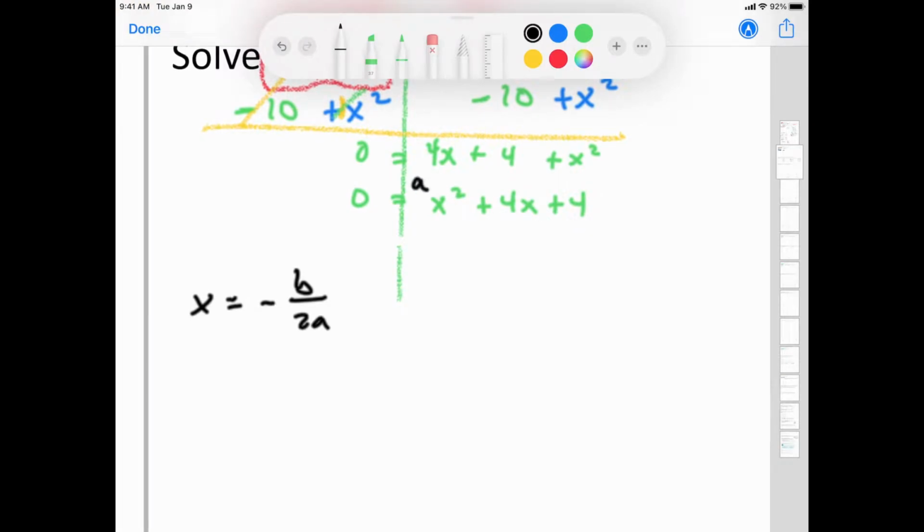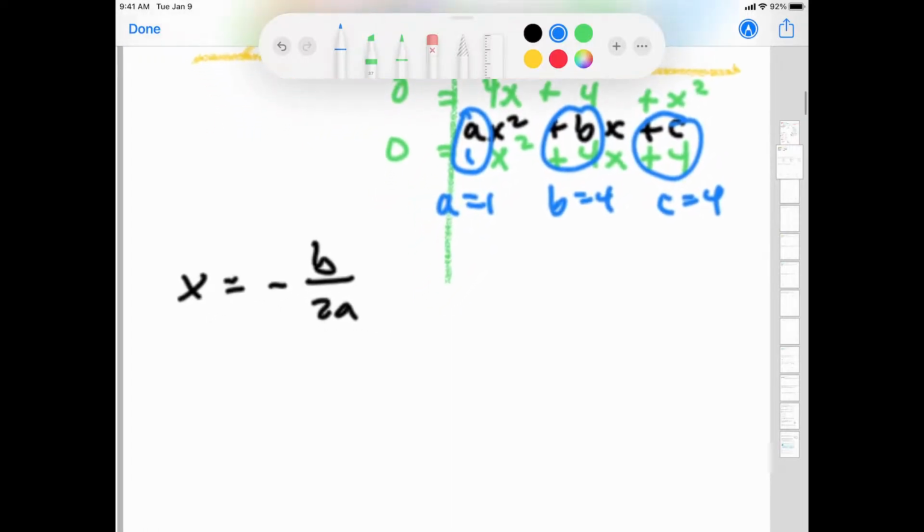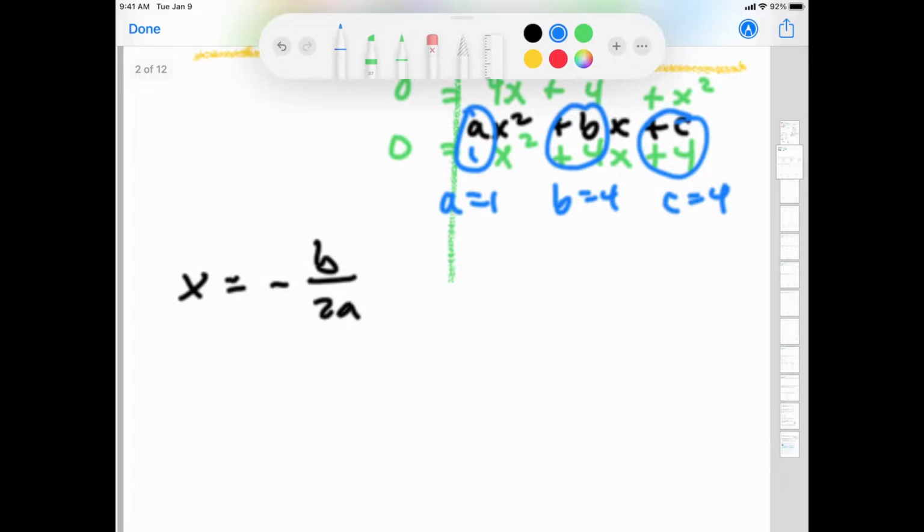So remember, standard form is the a's, b's, and c's. If there's no number here, it's 1. In this case, it has to be 1. B is 4, and c is positive 4. Just the numbers in front, they're called coefficients. Okay, so b is 4.